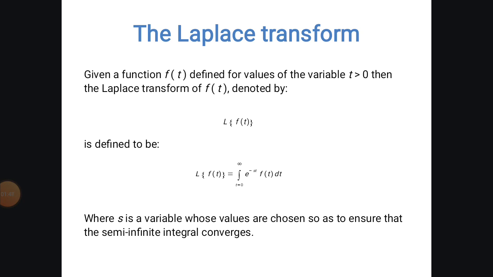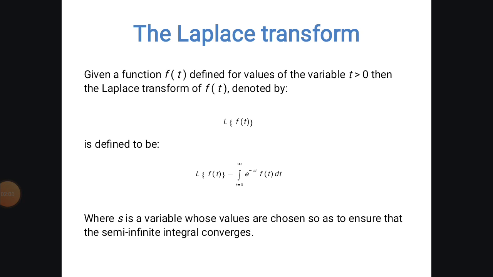Actually, the definition is: for a given function f of t defined for values of the variable where t is greater than 0, the Laplace transform of f of t is denoted by, here is the notation, Laplace curly bracket f of t.